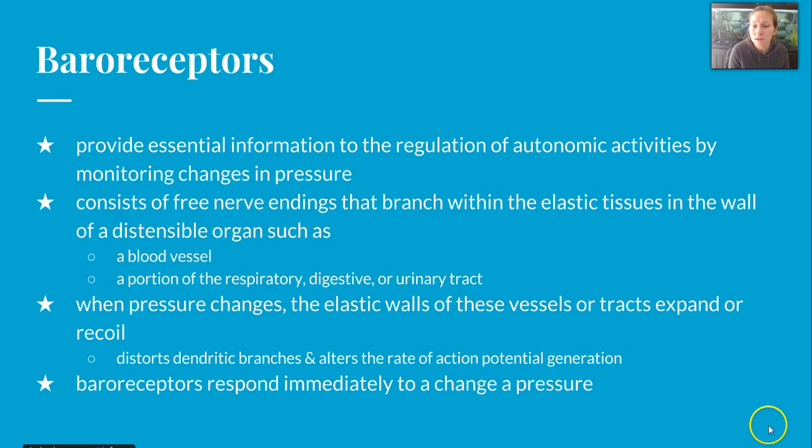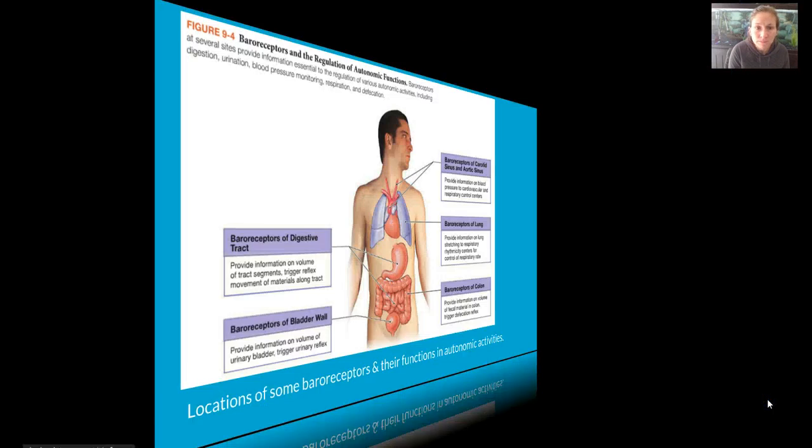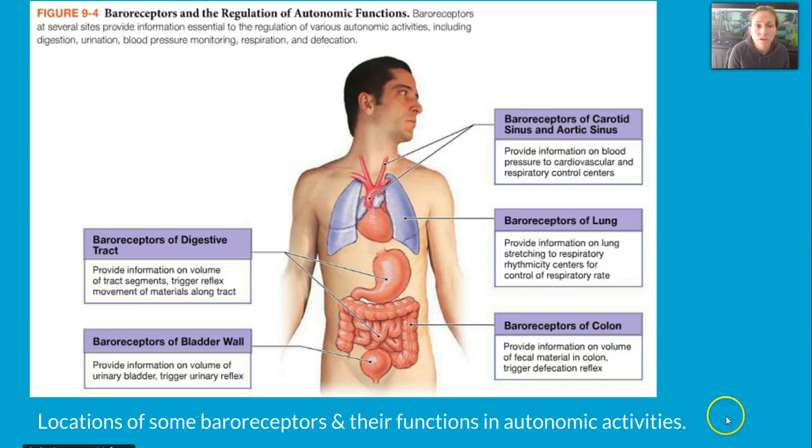Baroreceptors respond immediately to a change in pressure to try to alleviate that response. You have a diagram here showing the baroreceptors and regulation of autonomic function. I would list these: the baroreceptors of the digestive tract, the bladder wall, carotid sinus and aortic sinus, lungs, and colon, and briefly jot down those activities.